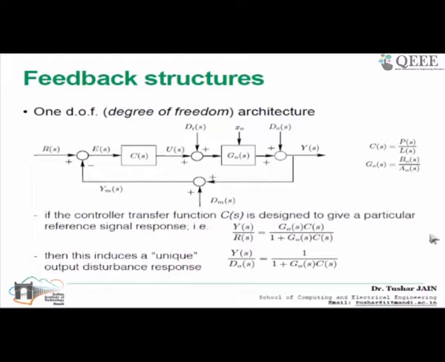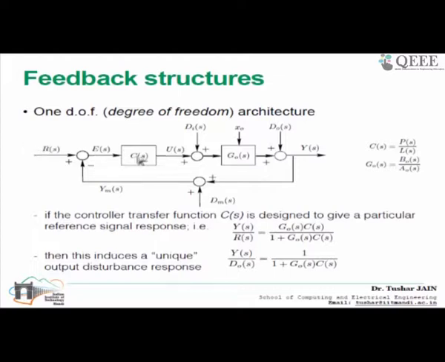If you have designed your controller such that it gives you the desired response with respect to the set point, this gives you a unique response with respect to the disturbances. Or if you design this controller C of S with respect to the D of S, it will give you a unique response with respect to the R of S. You have only one degree of freedom.